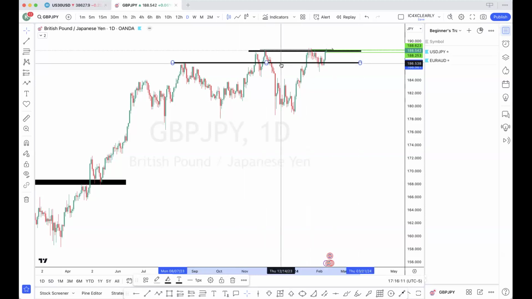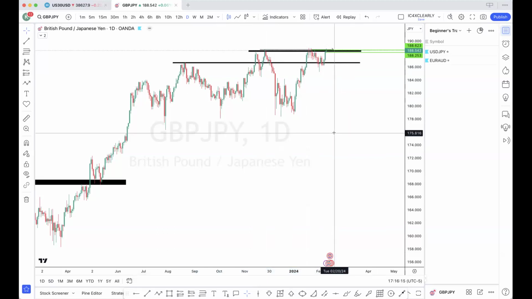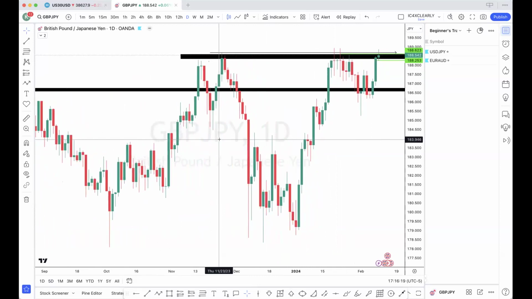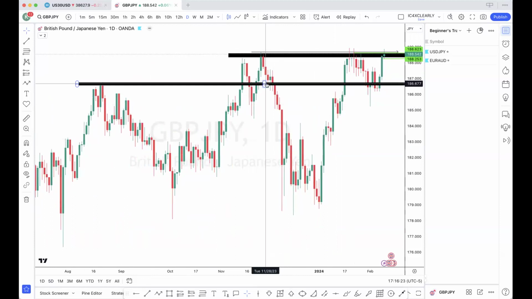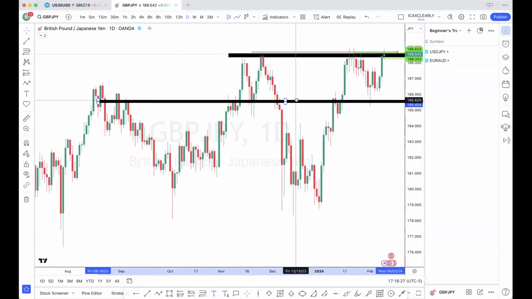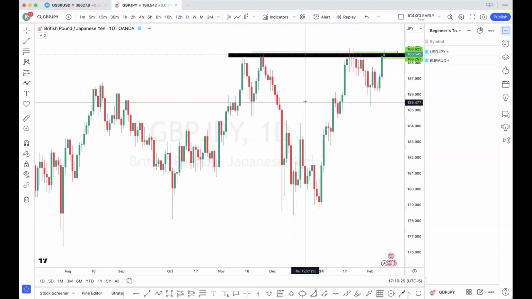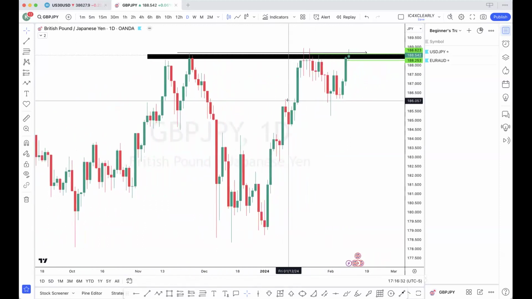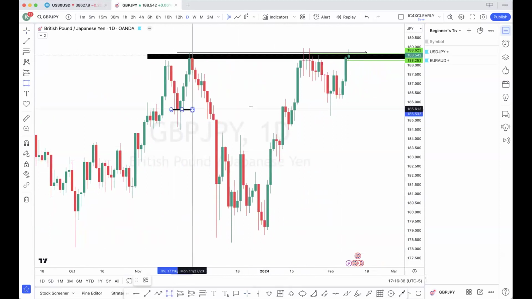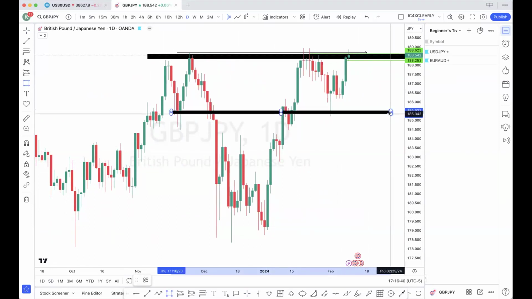The reason I mark it up is because when price gets to that zone, and I use the black bar, I know in my head to look to see what's going on, right? Or if something happens in that trade, I know where I'm taking my TP from, and that's going to be from one zone to the next.